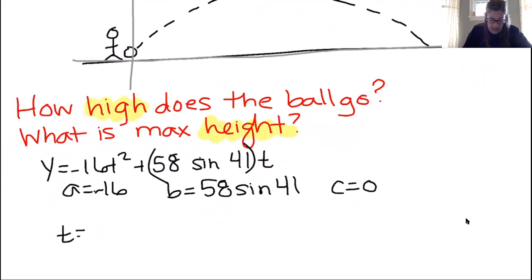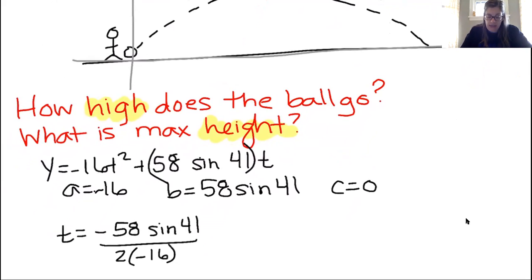So we're going to say t equals the opposite of b, so negative 58 sine 41, and then we're going to divide it by 2a, which would be 2 times negative 16. Now, if you're going to type that into your calculator, a couple of things. Make sure you're in degree mode. And if you're going to type it all into your calculator at one time, make sure you do 2 times negative 16 in a set of parentheses.